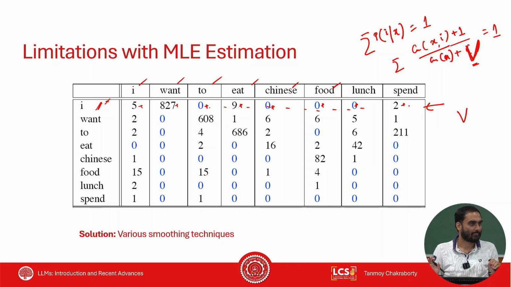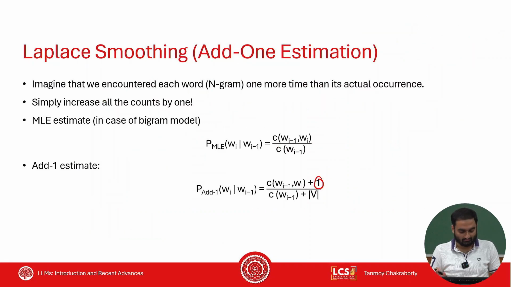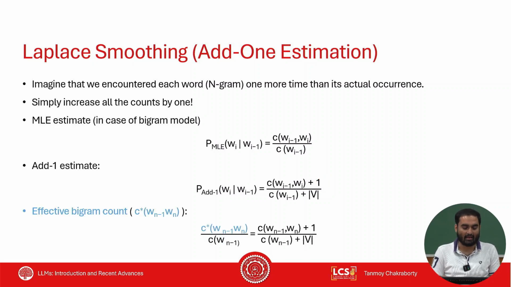Clear? This is called add 1 smoothing. 1 is just a number. You can add 0.5, 0.2, 3, 4, 5. In general it is called add k smoothing, so you add k to the numerator and kV to the denominator. Clear?